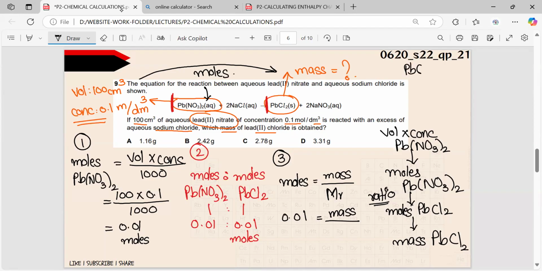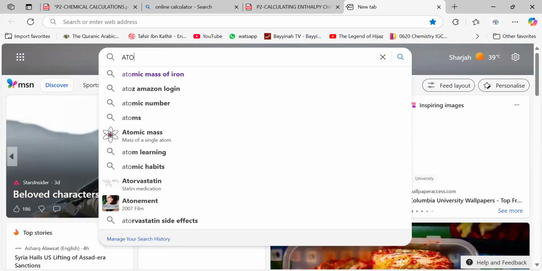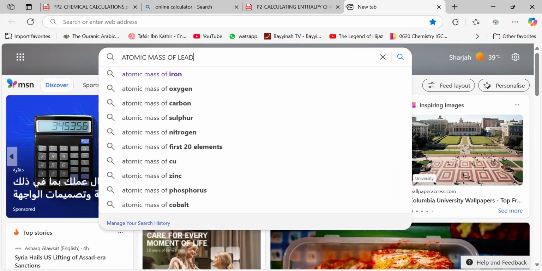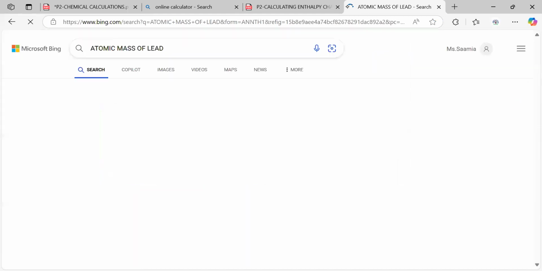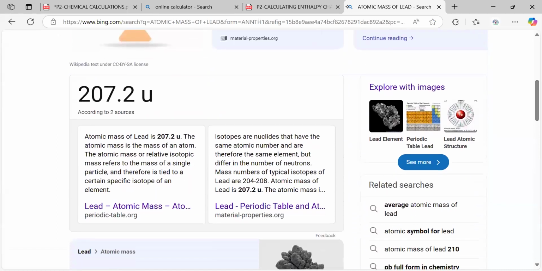So PbCl2, the atomic mass of lead, let's find out. Atomic mass of lead is 207.